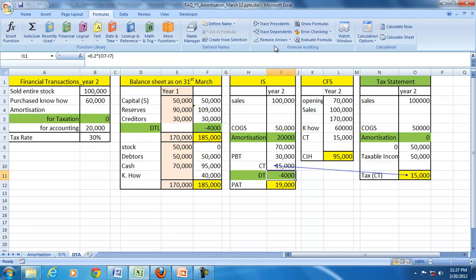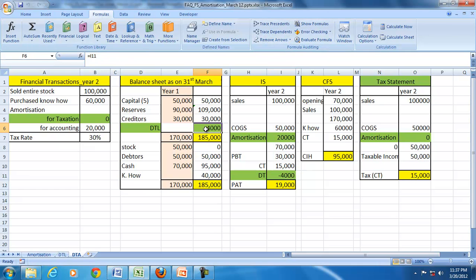But the deferred tax will be now the difference between the amortization for tax and the amortization for income statement, which is now negative 4,000.